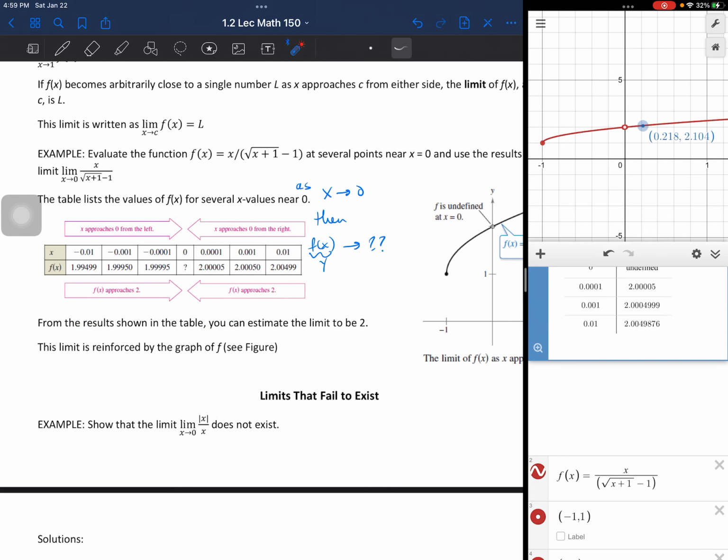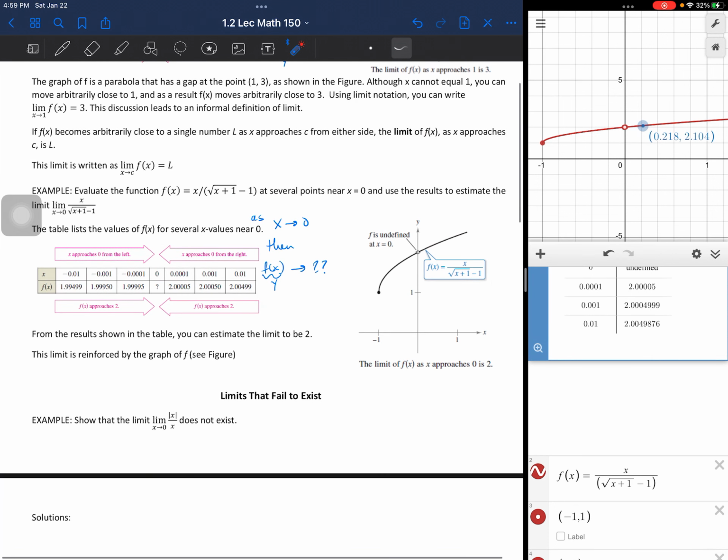Now, graphing is very hard to be precise. So it's very practical that instead of drawing a graph, we use an actual table. So if I'm not giving you the graph, don't make the graph, make a table.